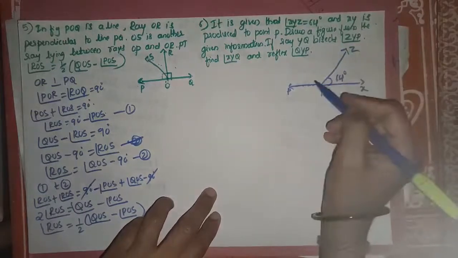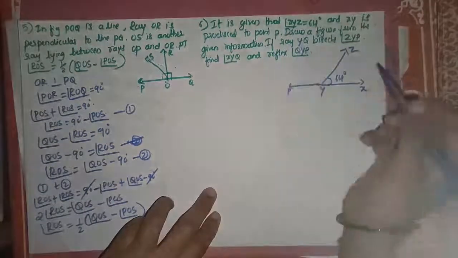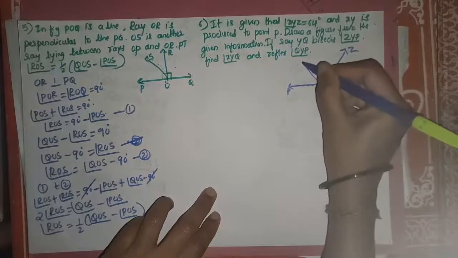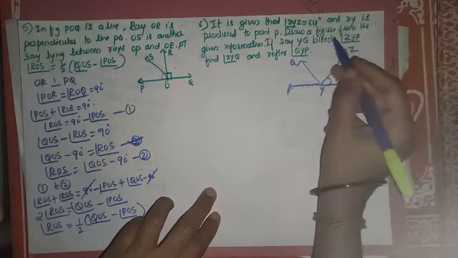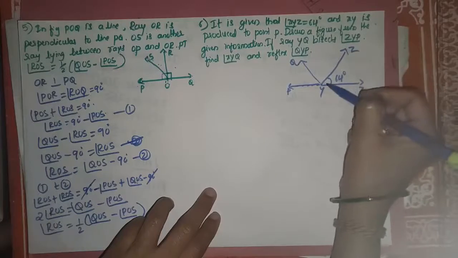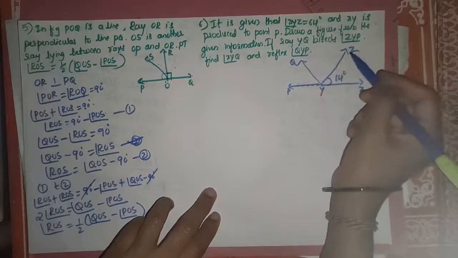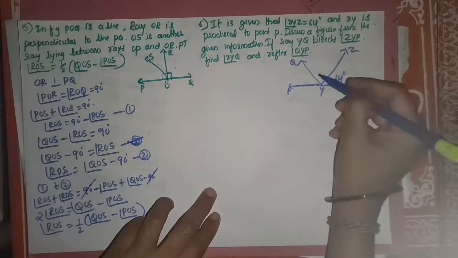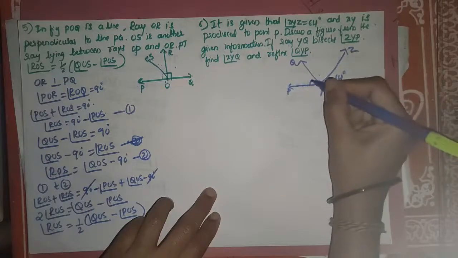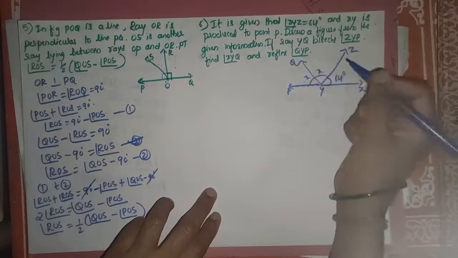If ray YQ, here I draw YQ, bisects ZYP. Bisect means that the two angles are equal.